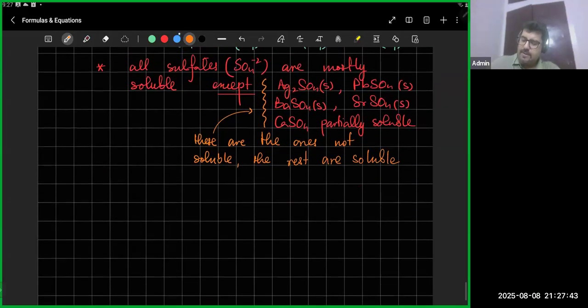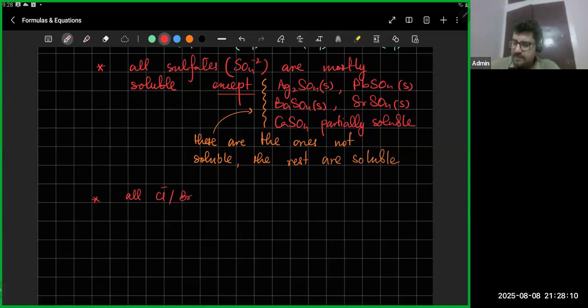I said next one, point number 3. All chlorides, halides basically. Halides are group 7, right? Group 7 is halogens. And their ions, I said when we do elements and the ions, the negative ions, their name ends with ide. Chlorine becomes chloride, bromine becomes bromide.